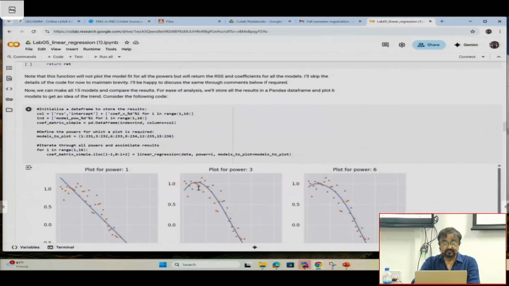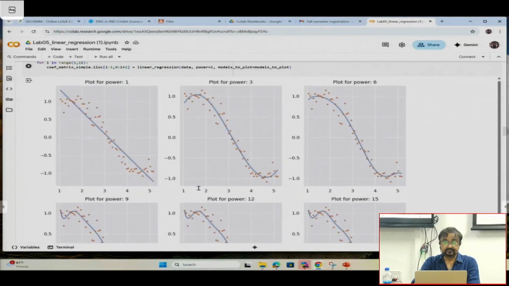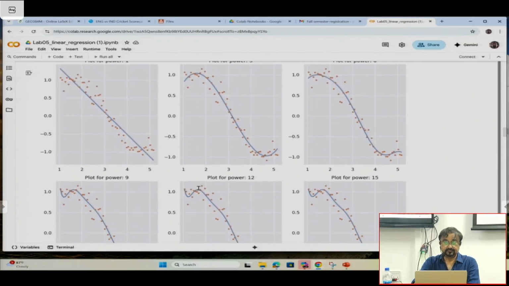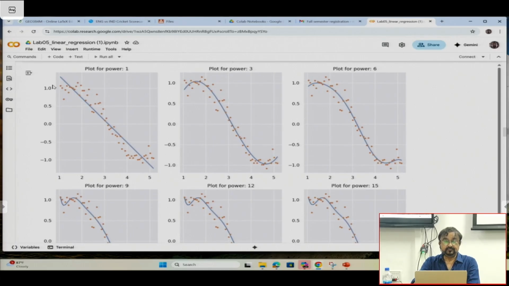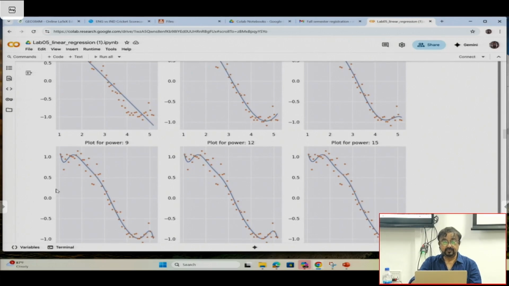What you see here is this is your straight line. This is your power 3, this is cubic. I have plotted every other polynomial, not all of them. This is power 6, this is power 9, this is power 12, this is power 15.